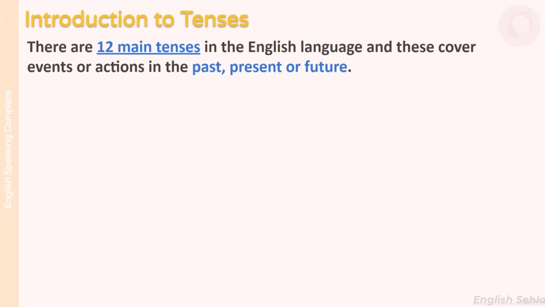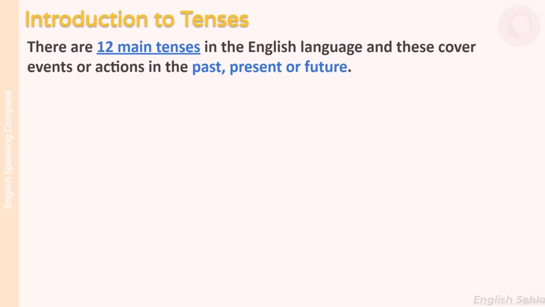Before we jump into the really specific information regarding different tenses, we should have a quick overview of what tenses really are. It's important to note that there are 12 main tenses in the English language. Sometimes teachers will say 16. However, we're going to be learning it as 12 main tenses. I just find that it's easier to break it down into 12.